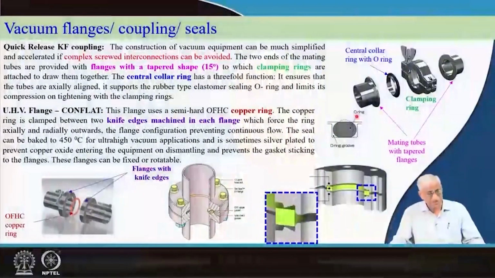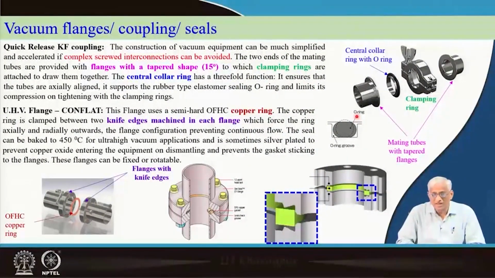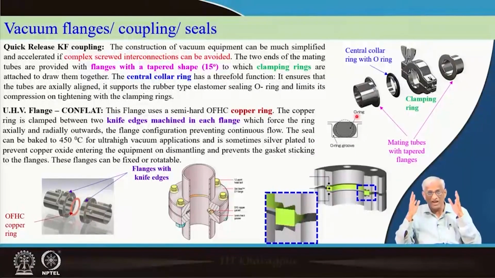Okay. Now, little bit zooming into that, let us see standard couplings that we have to employ in connecting the piping network, so that entire system can be realized with your ideas.